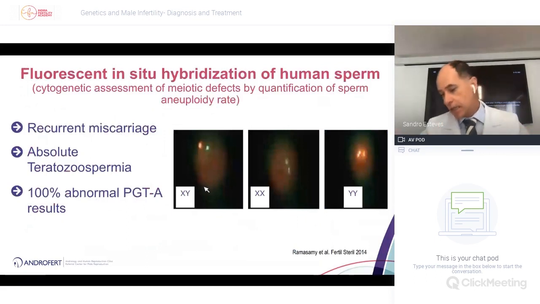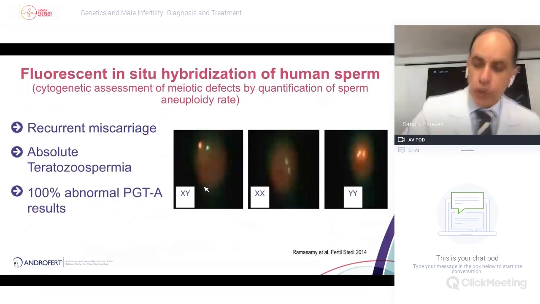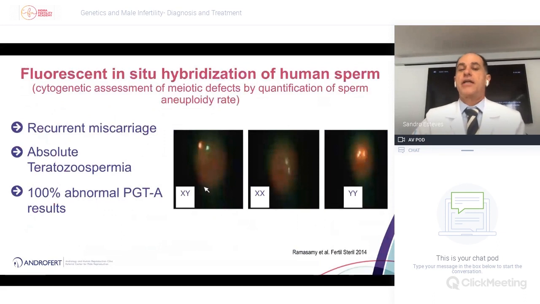So it's very difficult to interpret the results and tell the patient that the chance of having an abnormal baby is X or Y, because we cannot properly communicate the effect of high aneuploidy rate in sperm on the offspring. So FISH analysis, although it has been reported and some people rely on these results for counseling and sometimes to offer donor sperm, I do not do it like that. I rarely do FISH analysis in my clinic.